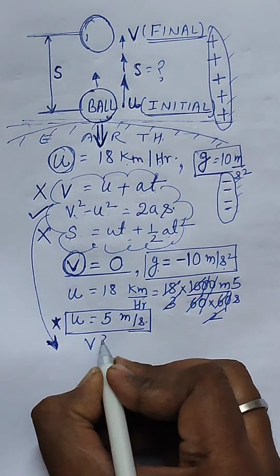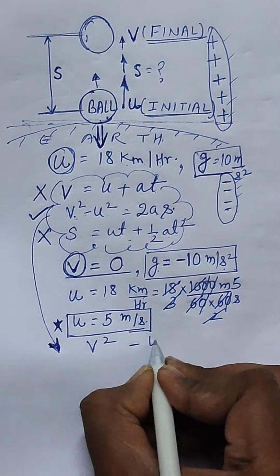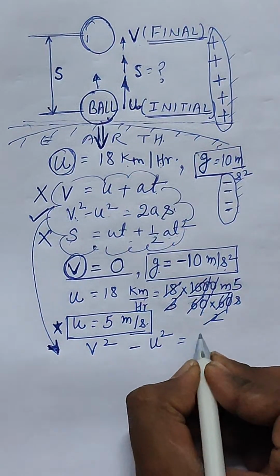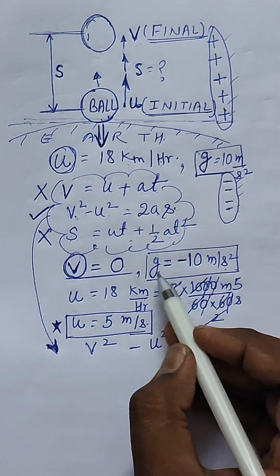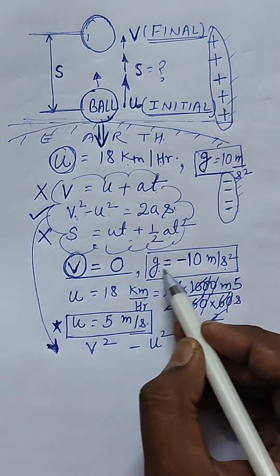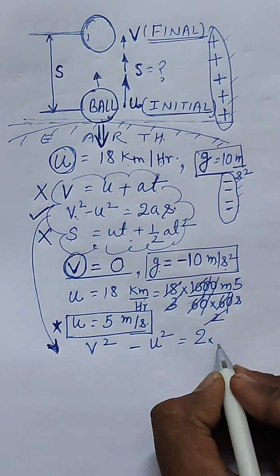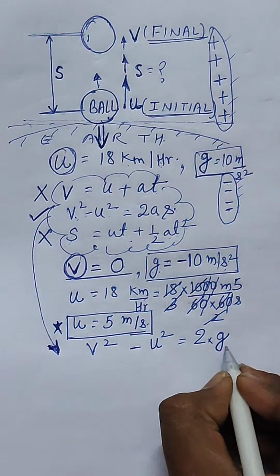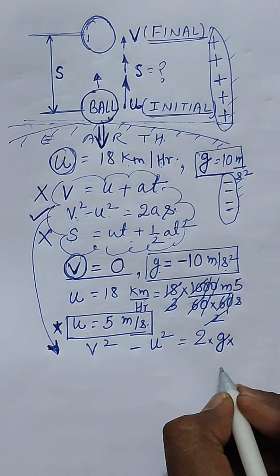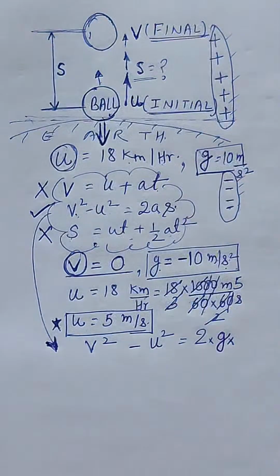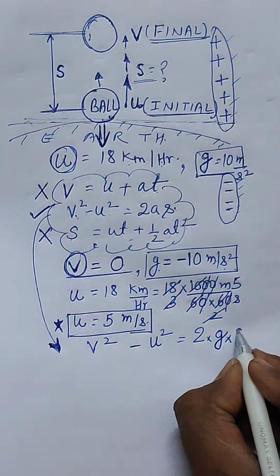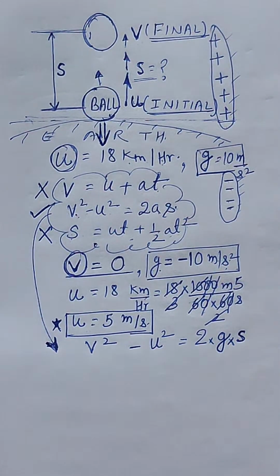So just write it, v square minus u square is equal to 2 into a. A is basically your acceleration, so this value is minus 10 meter per second square. So just write g once, thereafter we place the value into s. This s is required to be calculated, the maximum displacement, so this will be s, right?